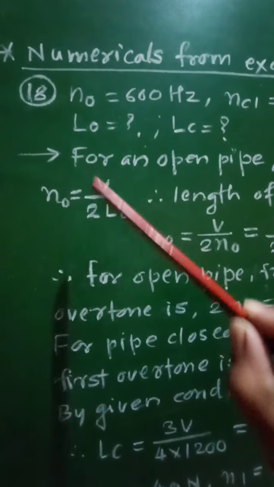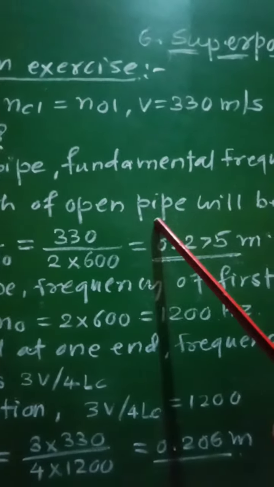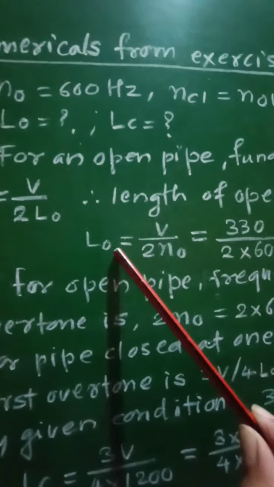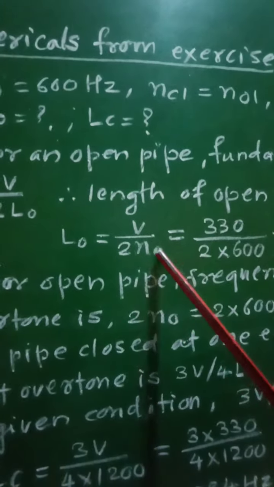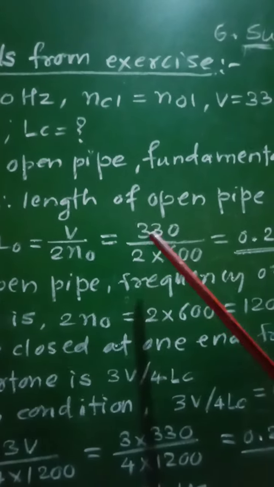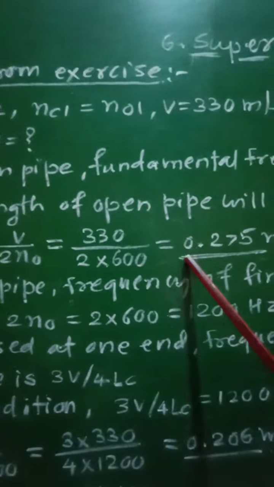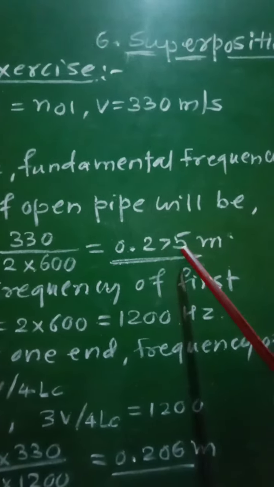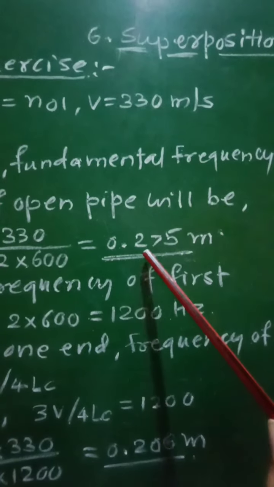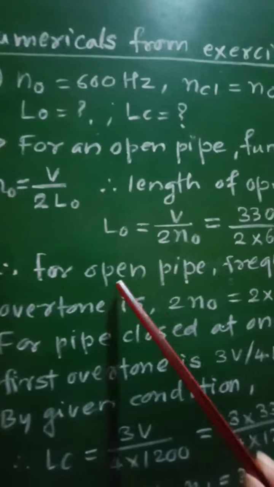NO equals v upon 2 LO, and therefore the length of the open pipe will be LO equal to v upon 2 NO. LO equals v upon 2 NO, that is 330 upon 2 into 600, which comes out to be 0.275 meter. So the length of the open pipe is 0.275 meter.